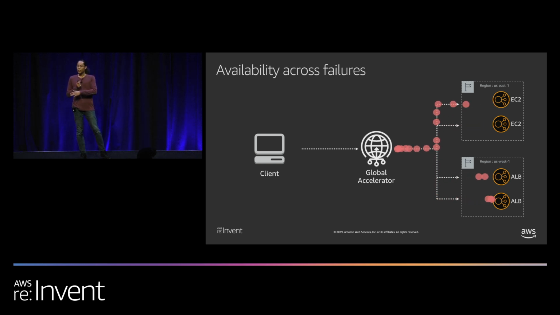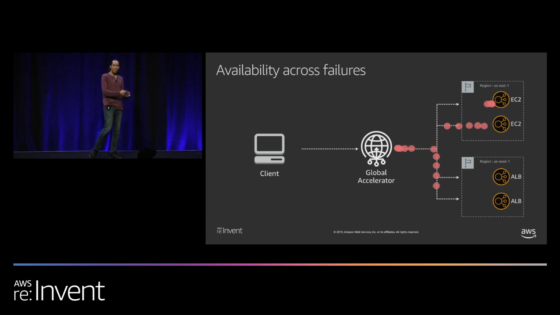We'll route new connections around that unhealthy endpoint. And we'll do so with new connections, meaning that we're not severing existing connections. Even when we route traffic away in response to health check failures, we're doing that in a manner to maintain your availability as much as possible for your TCP connections, for your UDP connections.